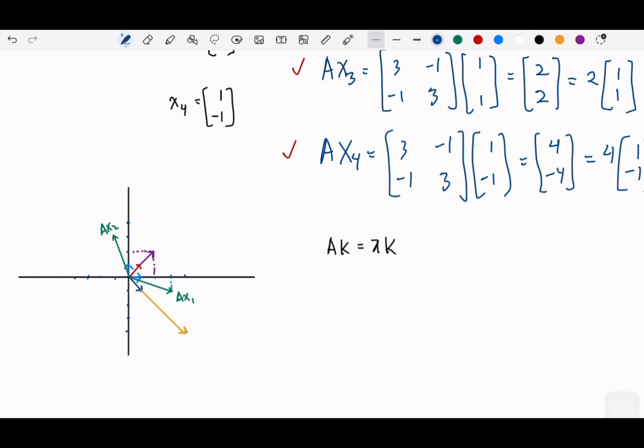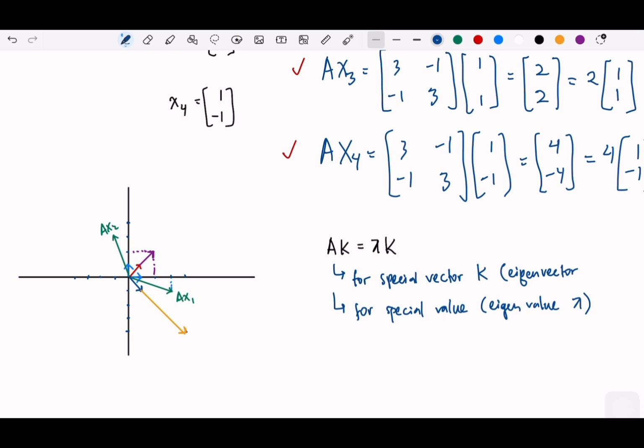So for a special vector, we call it the eigenvector. So we assume this works for, or we get that when it is equal, this is for a special value, we call the eigenvalue. And usually we state the eigenvalue as lambda. Okay.